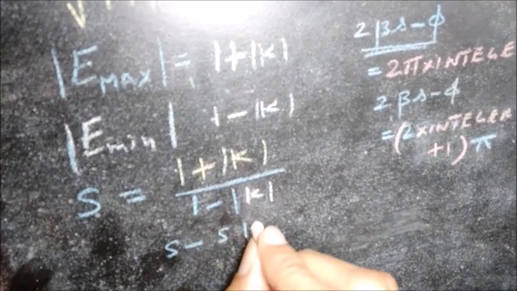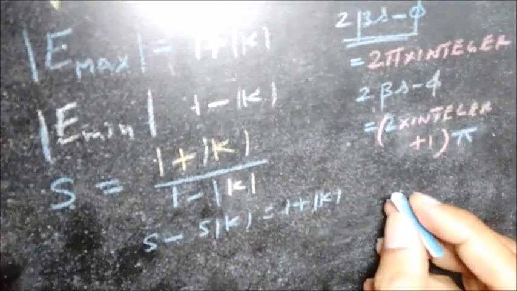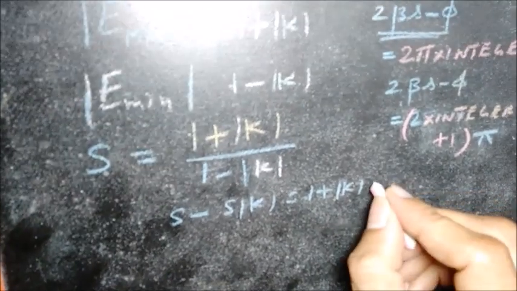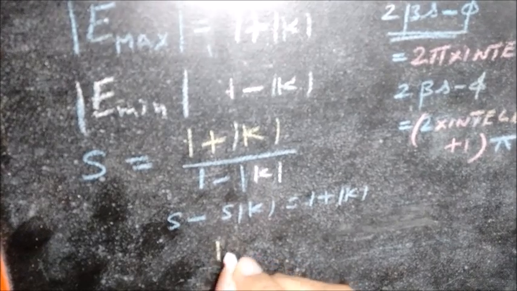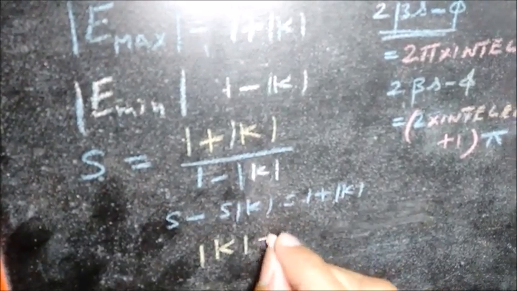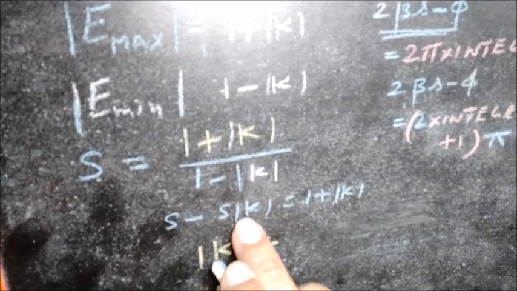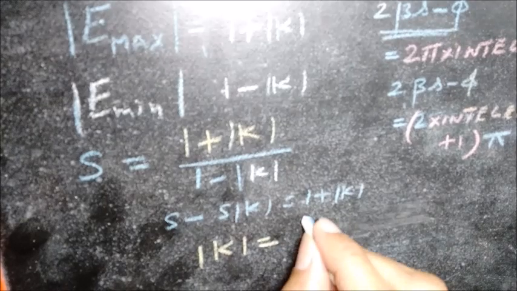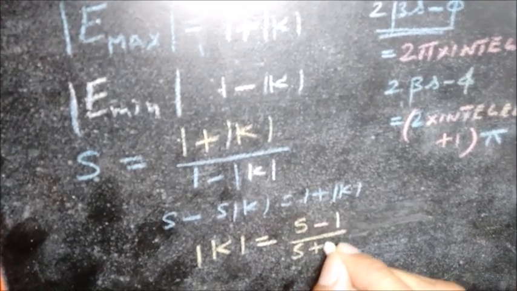Now we can rearrange this easily. S minus S into magnitude k is equal to 1 plus magnitude k, which can be expressed for k. Here we have it for S, so we can simplify it, take it over here, bring it over here, and we can write k equal to S minus 1 by S plus 1.